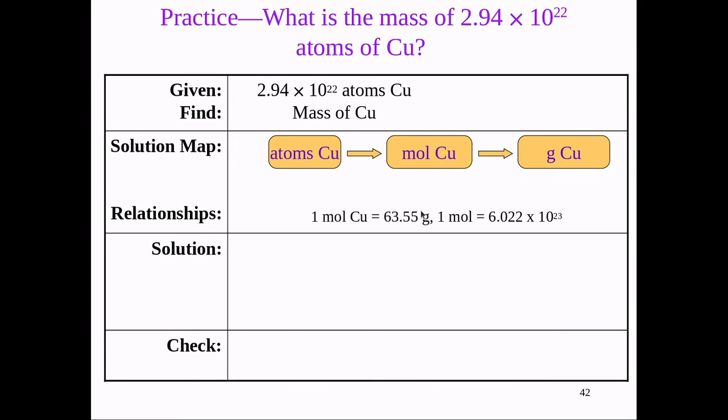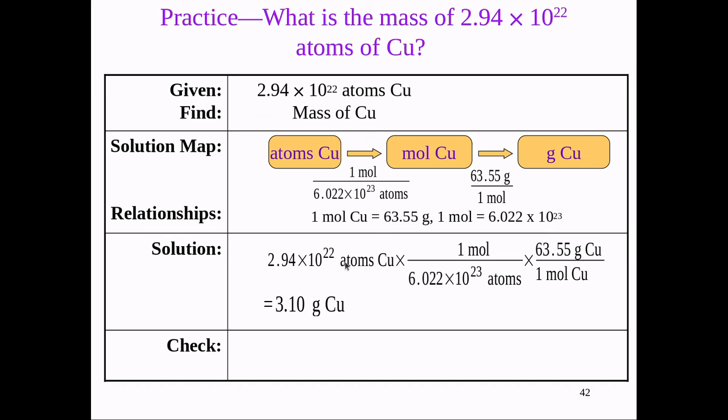We go and look up our relationships. We go to the periodic table and find out that 1 mole of copper is 63.55 grams. And we know that 1 mole is 6.022 times 10 to the 23rd things. And we place in our conversion factors, again paying attention to the units and what we put in the denominator versus the numerator.